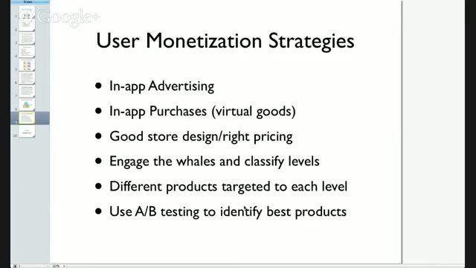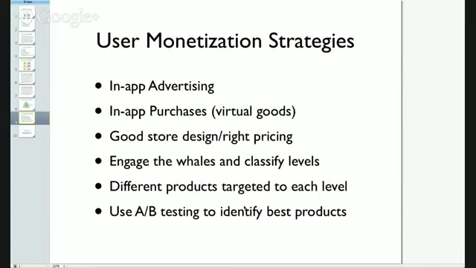He was working with one of their games. Each of the games that he touched, he could increase the monetization versus the industry benchmarks by 20 to 30%, very consistently, and in some cases even higher.